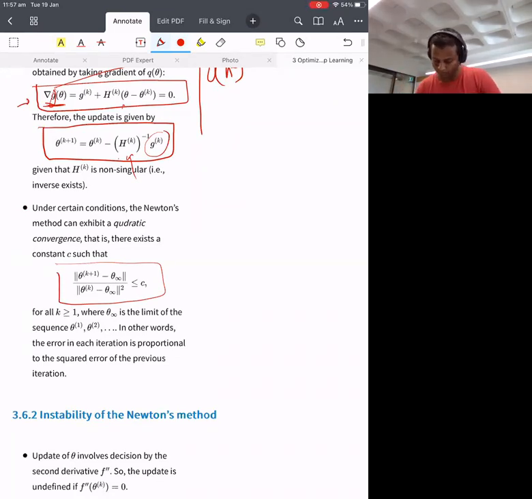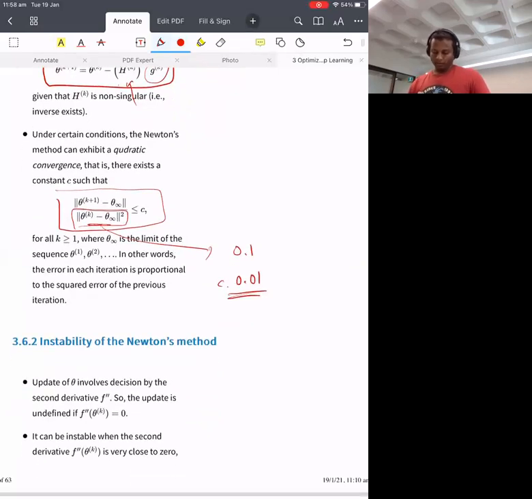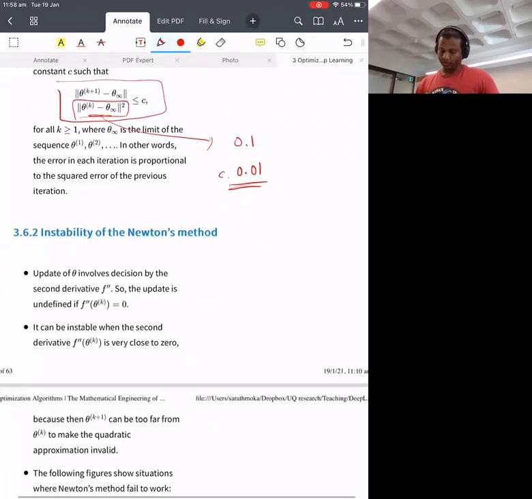So if theta k is close to the converging point, with a small distance like 0.01, then at the next iteration you're within a distance of 0.0001, into some constant, of course. So have a look at it, but that's not very important.